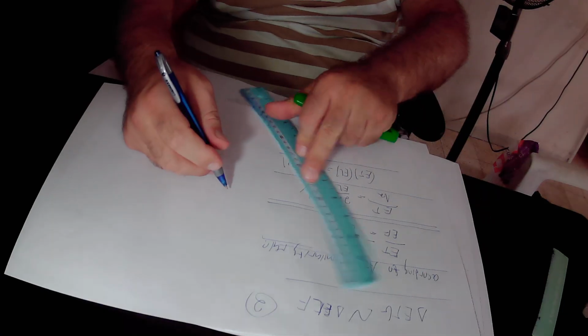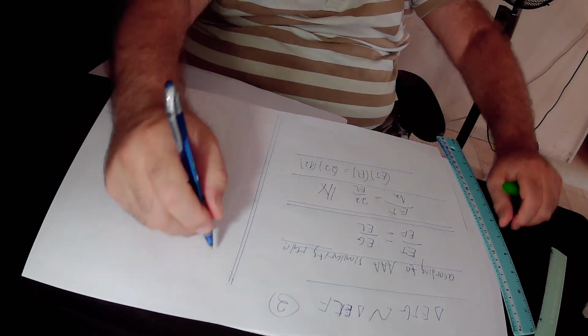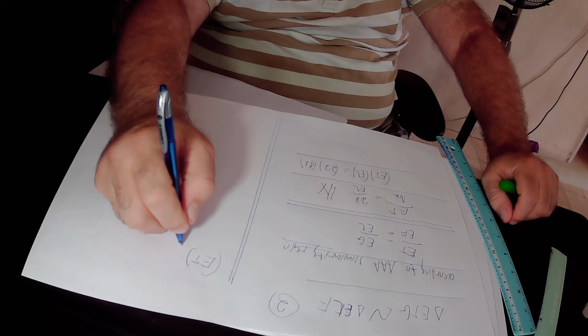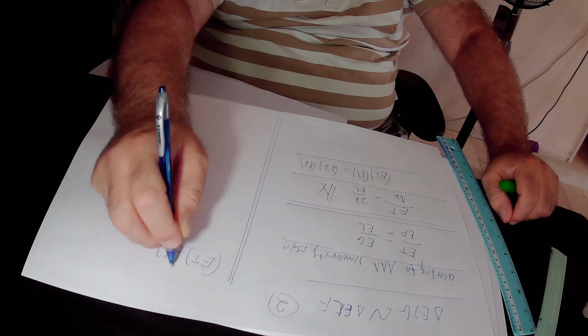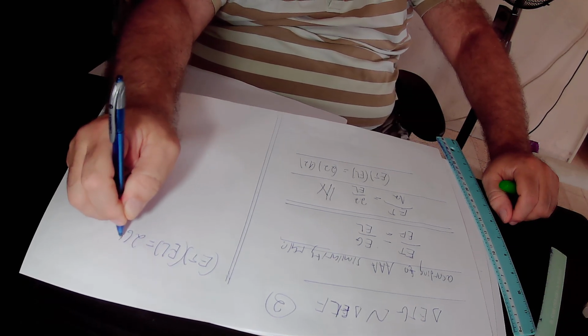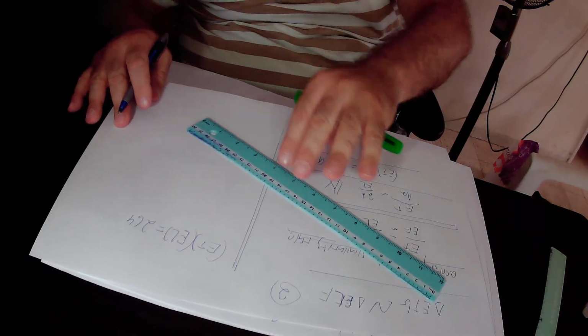So ET times EL is equal to 22 times 12, which is 264. ET times EL equals 264.